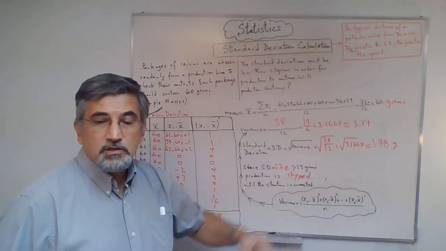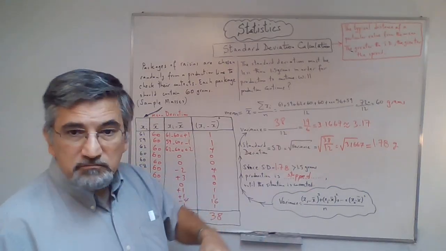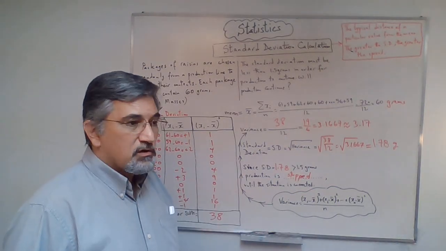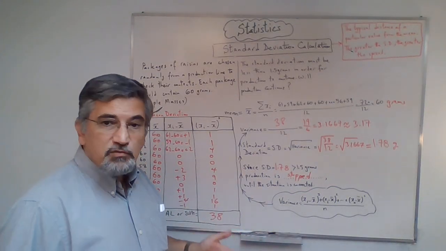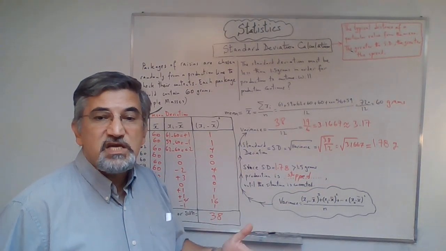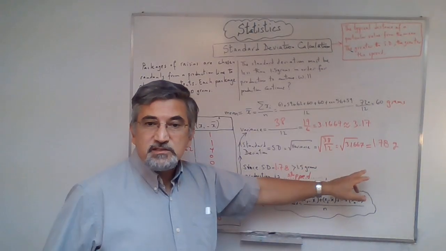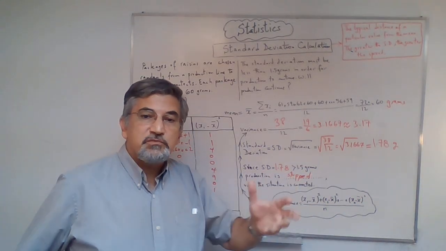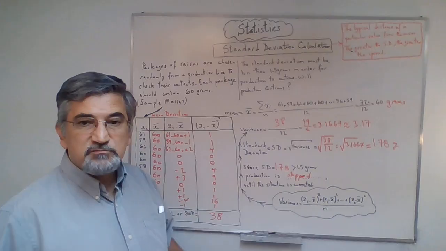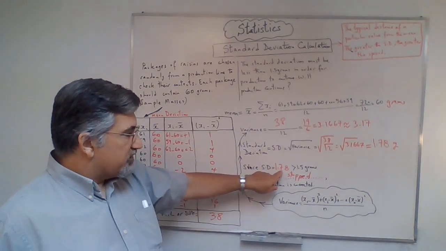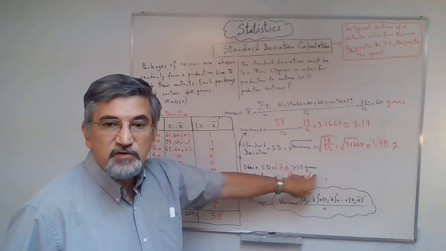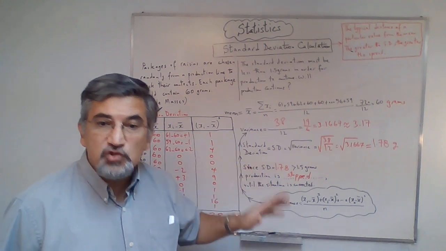Maybe some machine needs repair. Maybe something in the production line is not working properly, or maybe there are staff issues. Whatever it is, mathematics, the numbers, are telling us that there's something wrong in this factory. It has to be fixed.